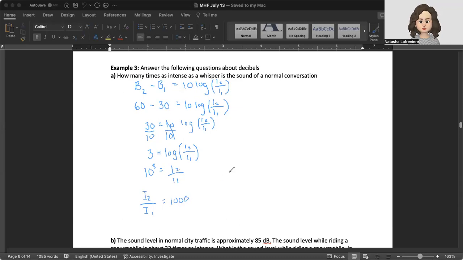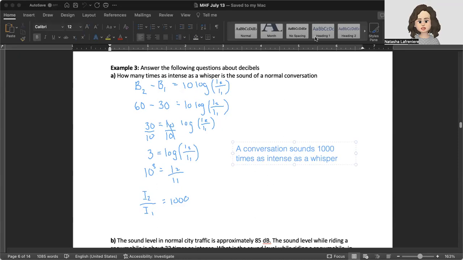So a conversation sounds 1,000 times as intense as a whisper. Okay. So just as a recap real quick, you can use log for pH levels. You can look at logs for the decibel scale, so sounds. And then we're going to keep going with the other ones.